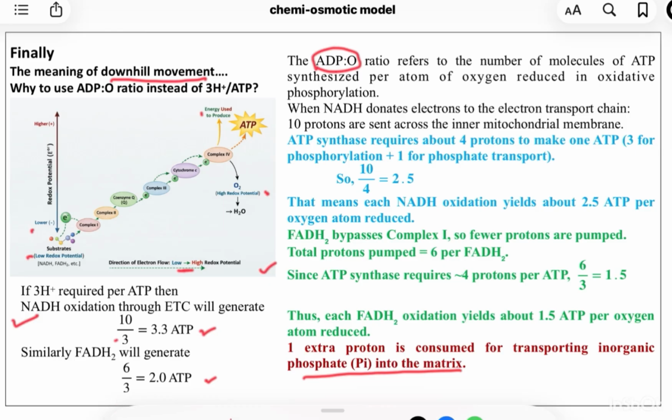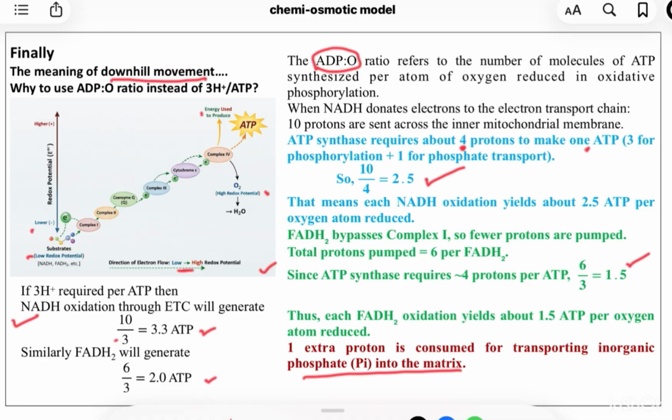Therefore, it is calculated that 4 protons will be required in the synthesis of 1 ATP, and therefore it comes to 2.5 for NADH, and it comes to 1.5 in the case of FADH2. This is shown in the diagram.